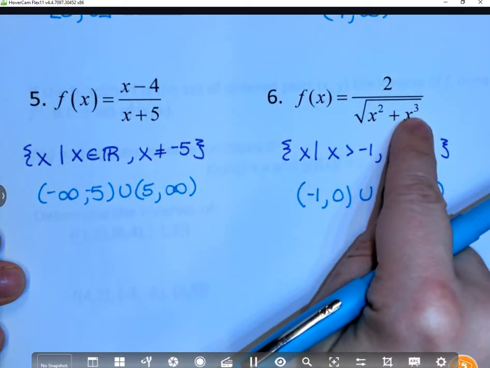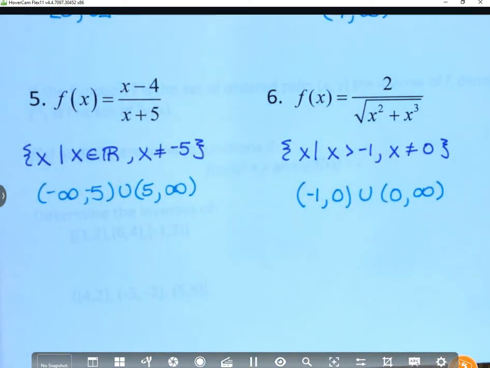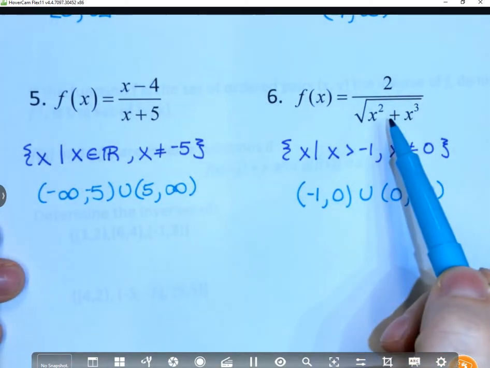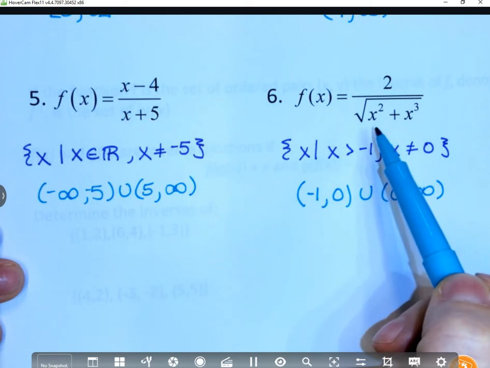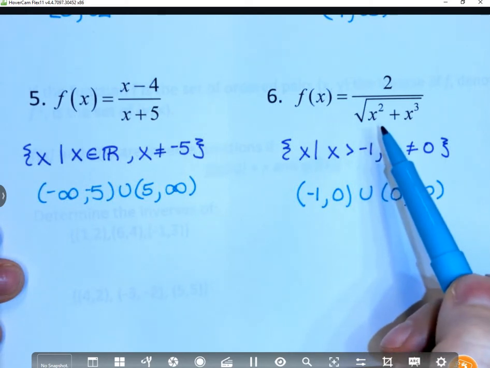That's going to be a minus 1. 1 minus 1 is, can I divide by 0? It's understanding that you have to combine those two rules for this. So for the root, I have greater than or equal to 0. For the fraction, I have cannot equal 0. So we've got to go the strictest way possible, which means I just have to be greater than 0 here.